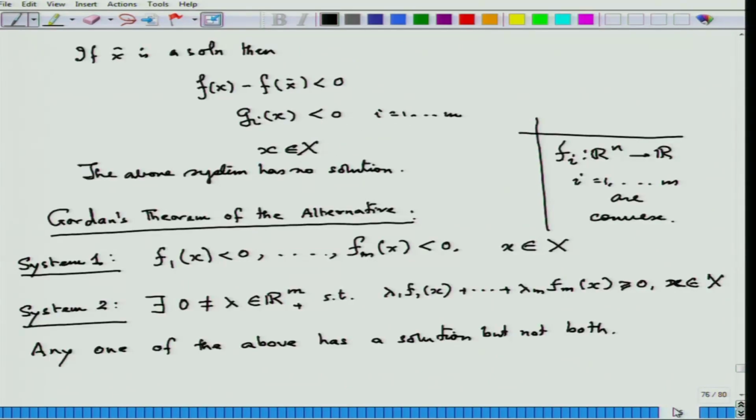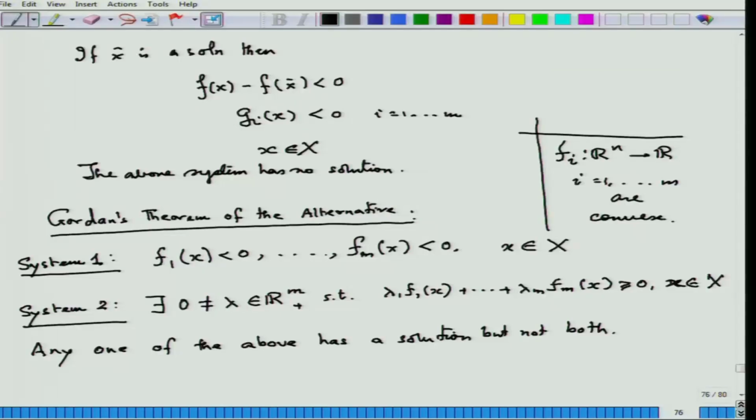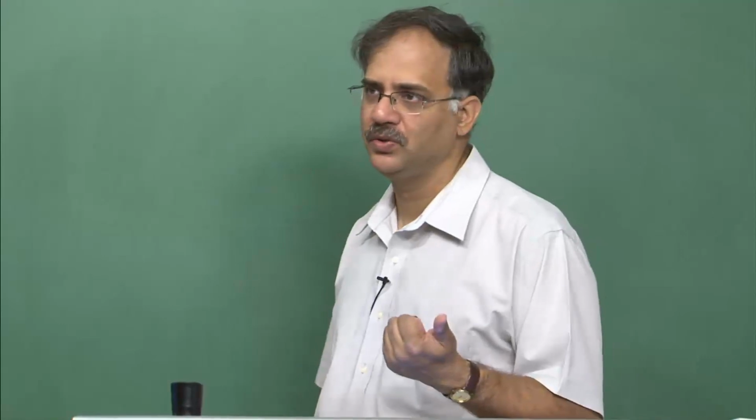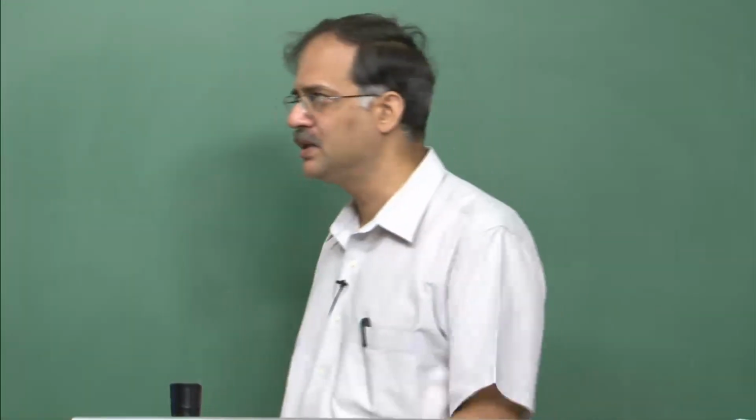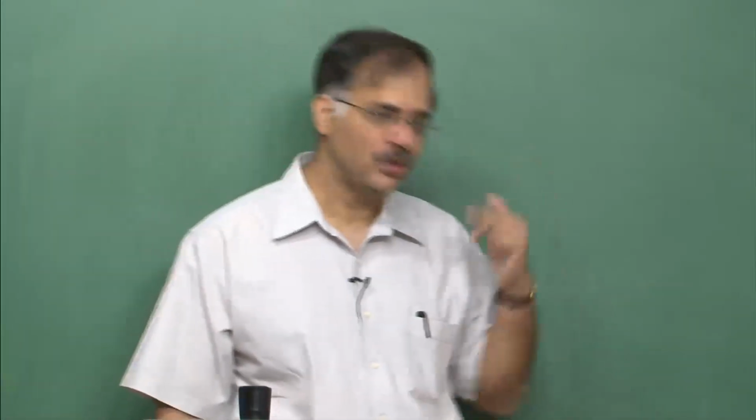Any one of the above systems has a solution, but not both. The interesting fact is that one of them would have a solution. It cannot be that both are not having a solution. If one does not have, the other has. That is what is meant by the alternative. One of the two always has a solution, but both of them cannot have a solution at the same time.